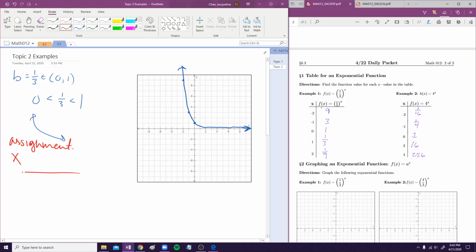So you have your x, and then you have f of x equals 1/3 to the x. I want you guys to find g of x is equal to 3 to the x, and then graph it on the same graph. So if you have f of x here, and then graph g of x, however it looks, also label it as g of x. Make it very clear which graph is which. Okay, so this is your assignment.